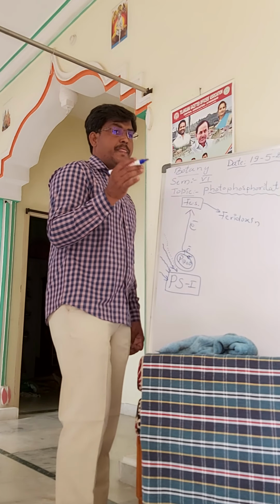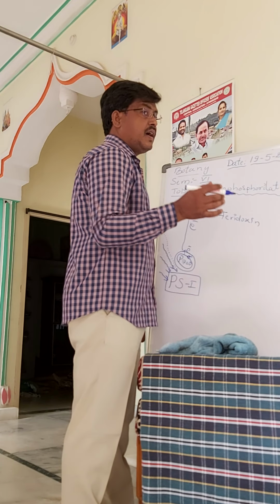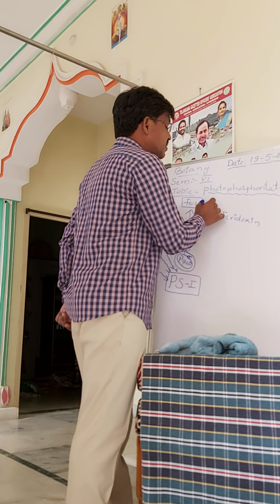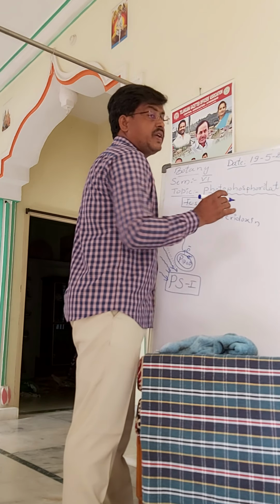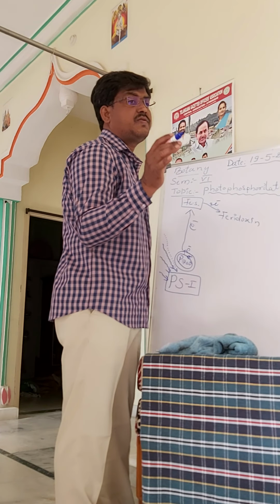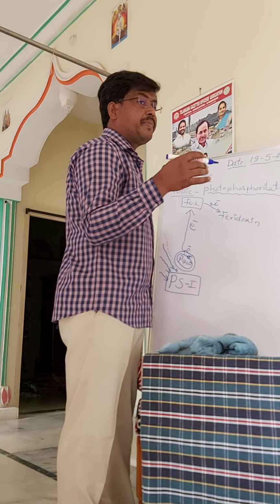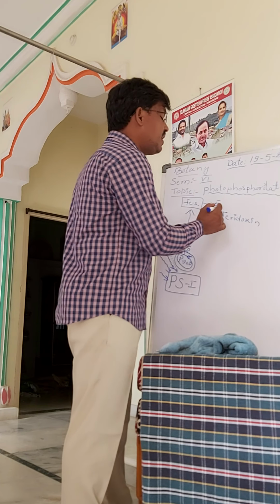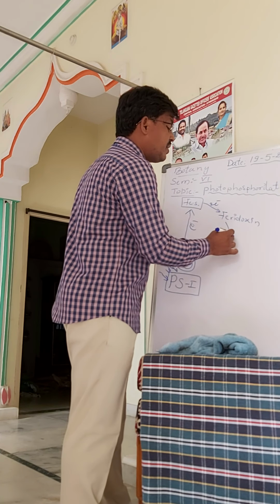And also the ferredoxin receives two electrons, and the two electrons are again transported onward.